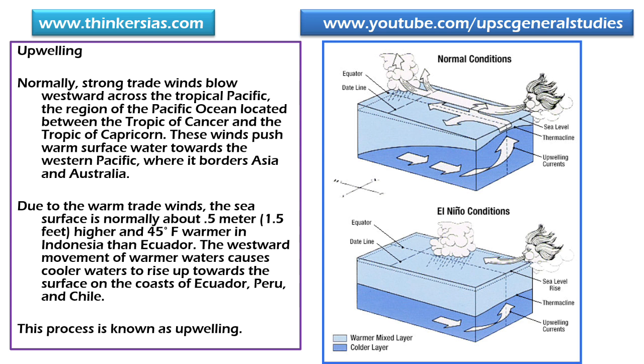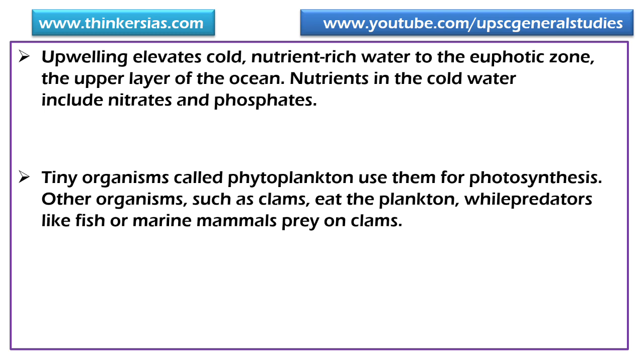This process is known as upwelling. Upwelling elevates cold, nutrient-rich water to the euphotic zone, the upper layer of the ocean. Nutrients in the cold water include nitrates and phosphates, which are essential for the growth of phytoplankton, minute plant-like organisms. These are the food for smaller fishes.